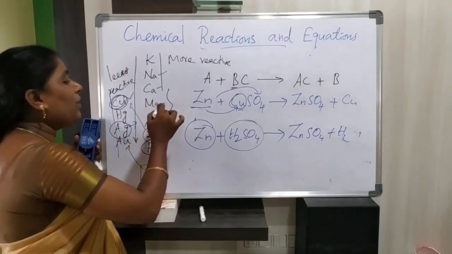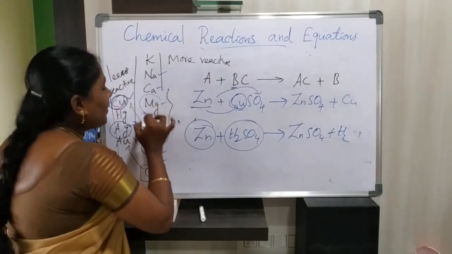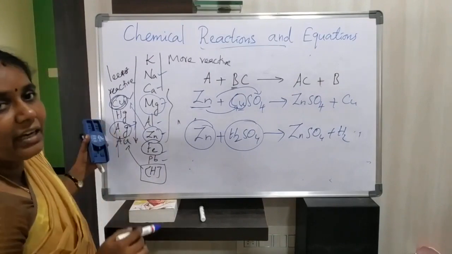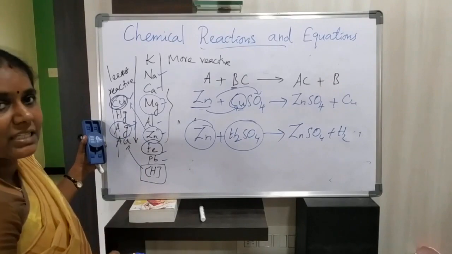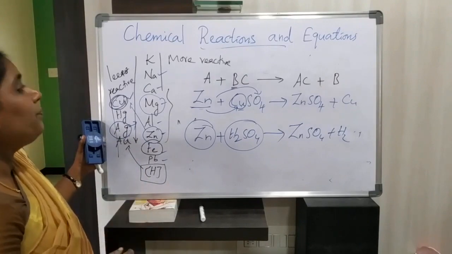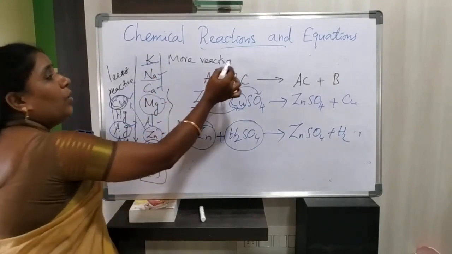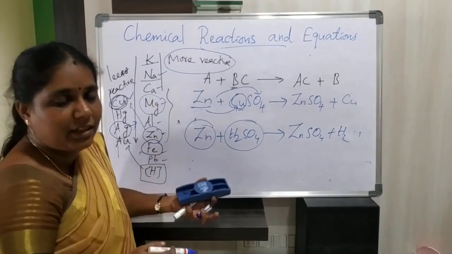Same like this, compared to magnesium, sodium is more reactive, so magnesium cannot displace sodium. We need to know the reactivity series of metals to displace one element from another. And potassium, sodium and the rest are more reactive elements, isn't it?